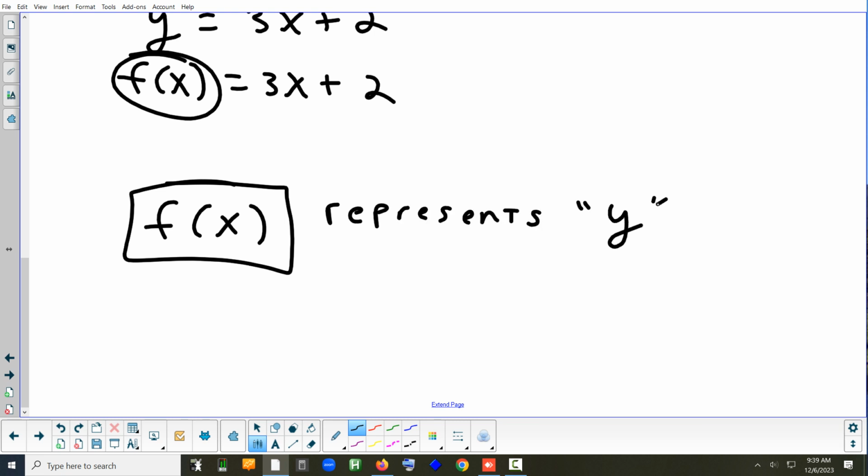represents the y. This part right here, well, what I'm pointing to, what's that part? Just the part that's inside the parentheses. That's the x.